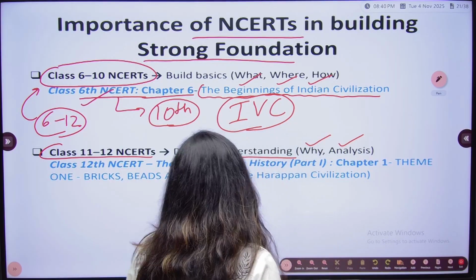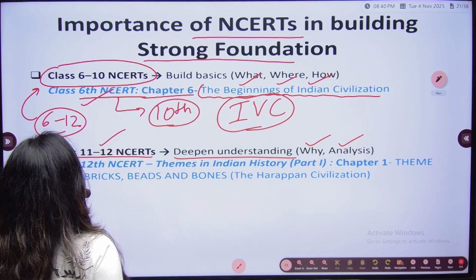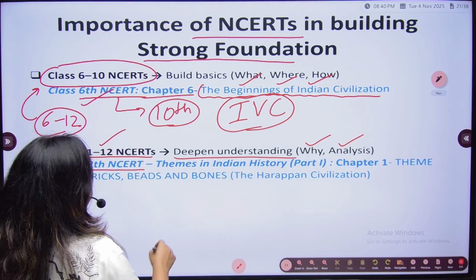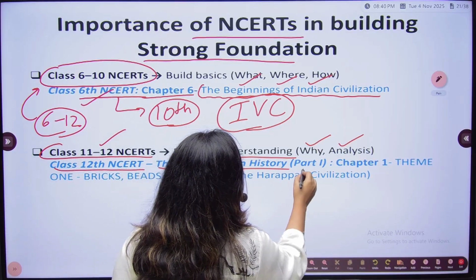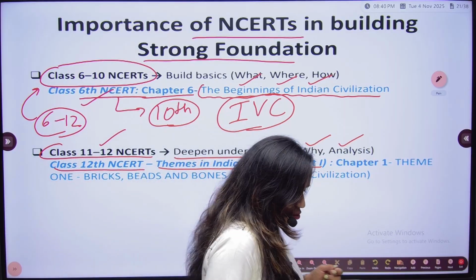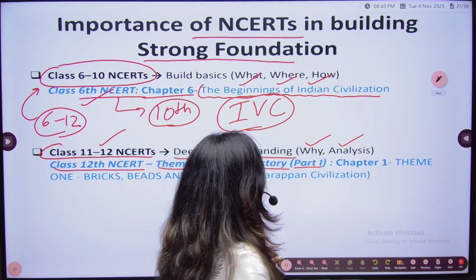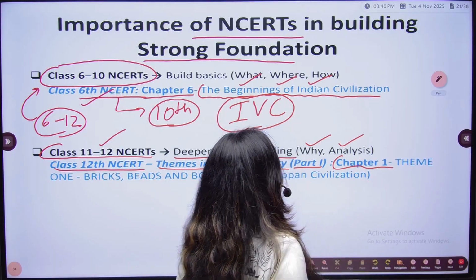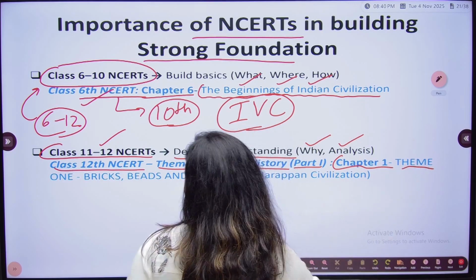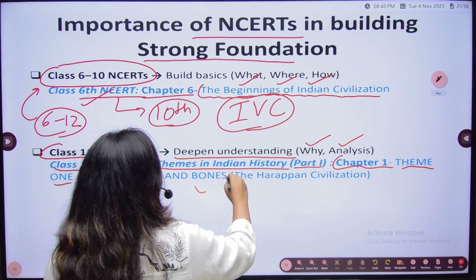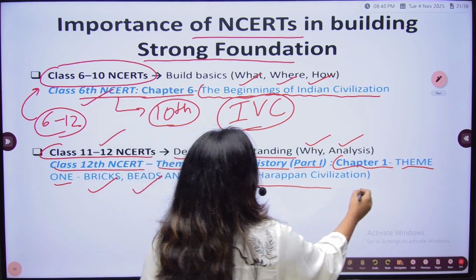But when we move forward to class 11th and 12th NCERTs, there is a chapter in class 12th NCERT, Themes in Indian History, Part 1. This is the name of the book of class 12 NCERT, and there's a chapter 1 which is named Theme 1, Bricks, Beads and Bones, the Harappan Civilization.